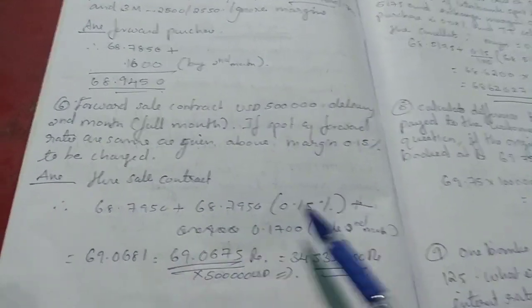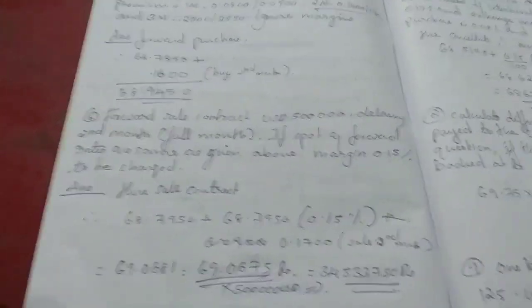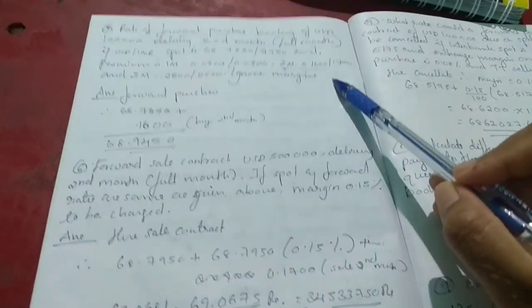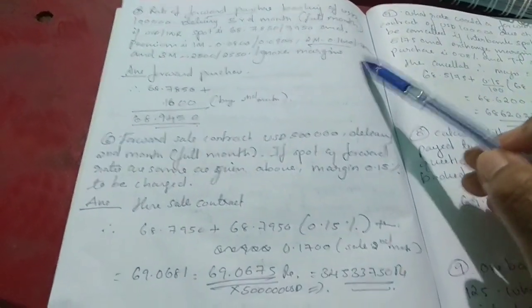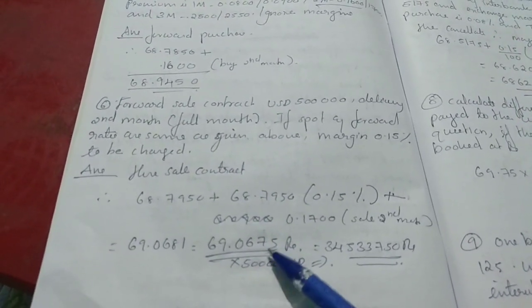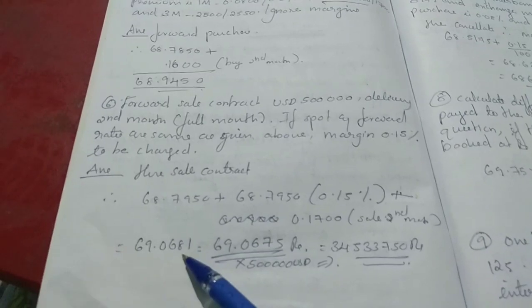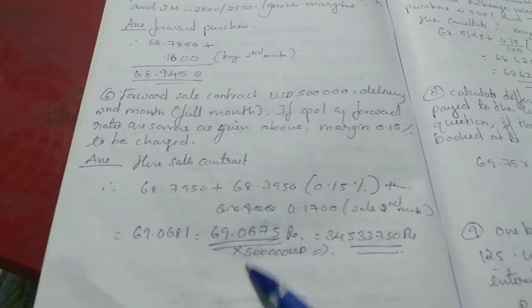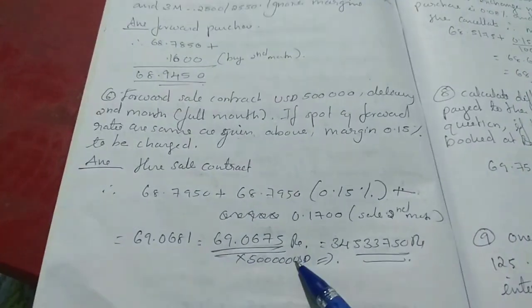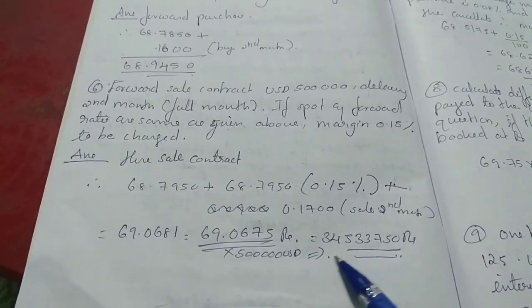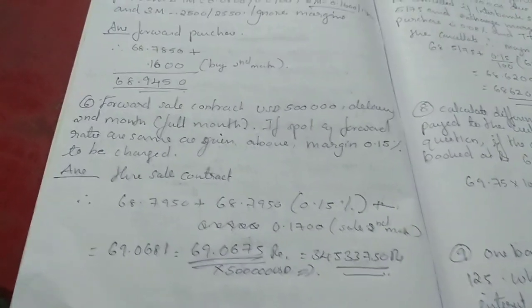Then to it we have to add the premium. For 2 months, the premium 0.17 is to be added. That gives the answer 69.0675. So we have to round to the nearby paise, that is 75, and multiply it with 5 lakh USD. This is 1 USD equal to this much amount. So for 5 lakh USD, we get this much Indian rupees.